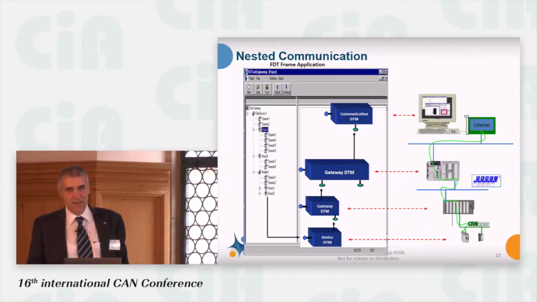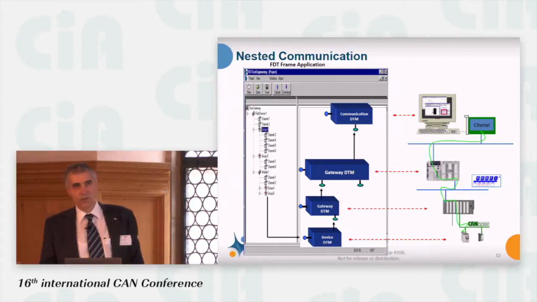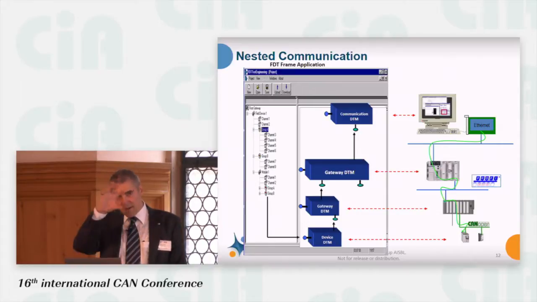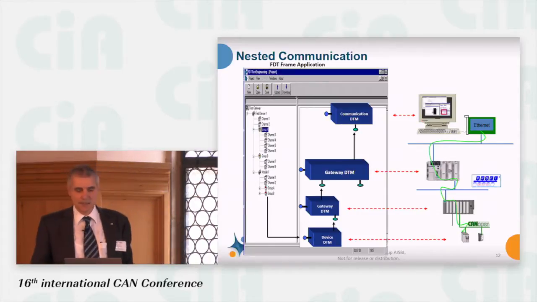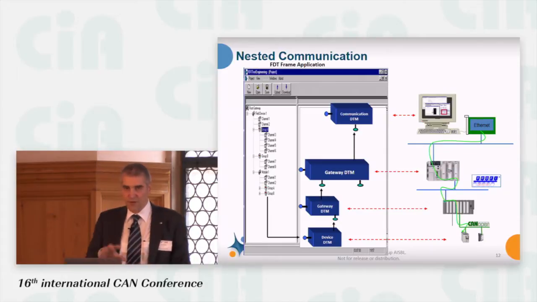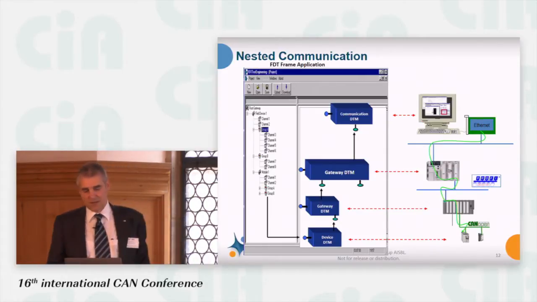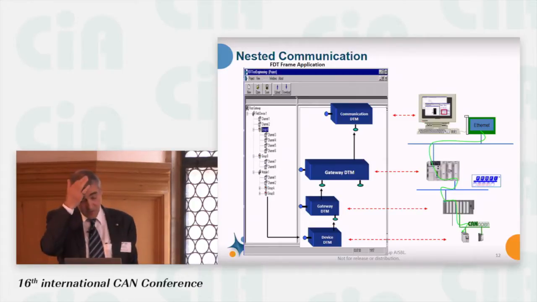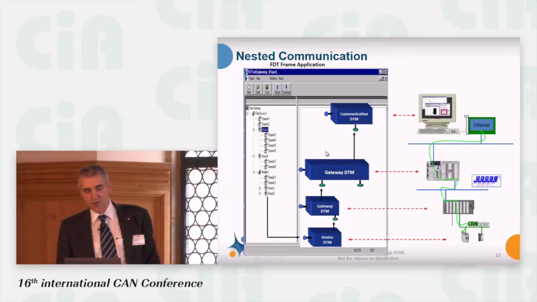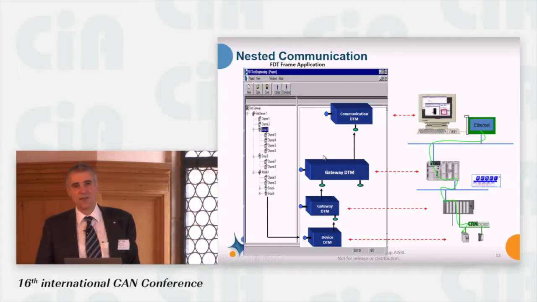And the device DTM does not need to know where its device is located. Through the interfaces, which are controlled by the frame application, the messages are forwarded automatically in this tree. And at the end, there is a communication DTM, and the communication DTM supports the protocol from your tool going onto the network.